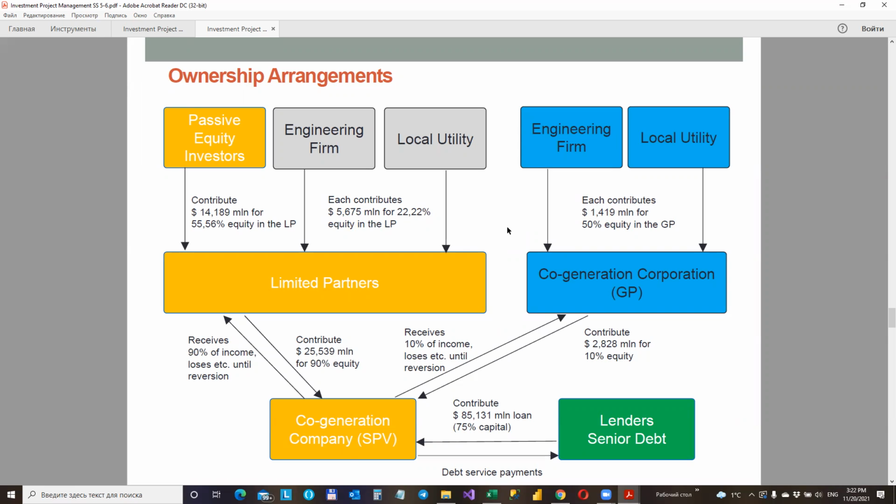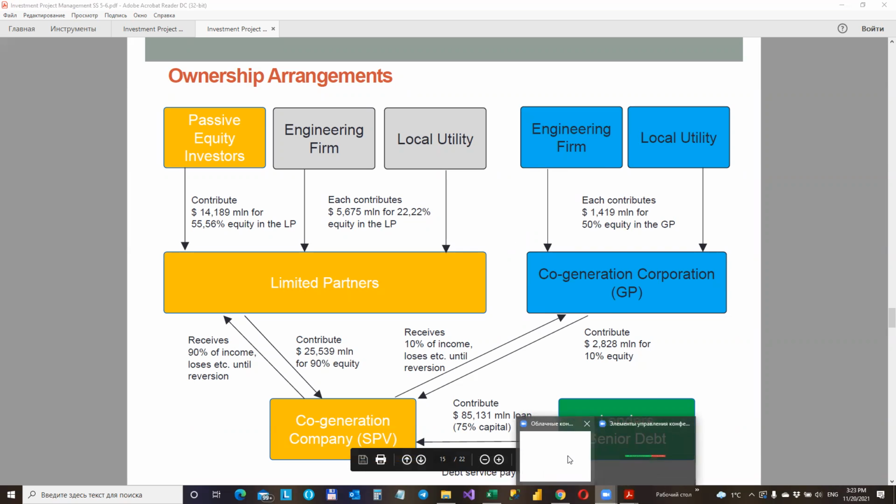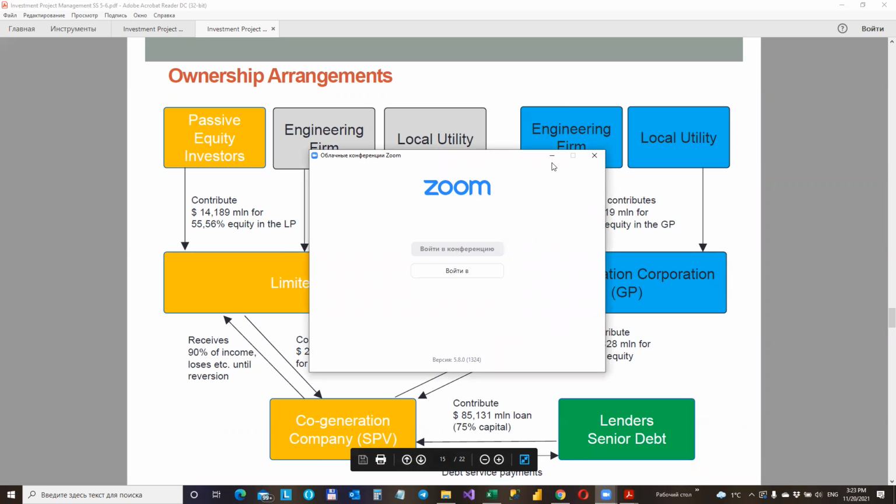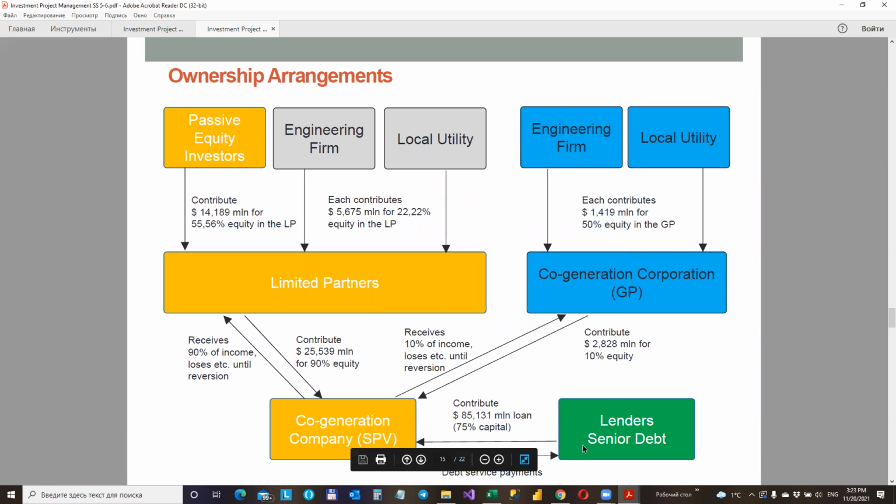Probably some of you can recall from the lectures on alternative investment. What are the provisions for such a reversal? Can someone write in the chat or say, do you recall how this provision allowing to reverse the distribution of the income stream is called?